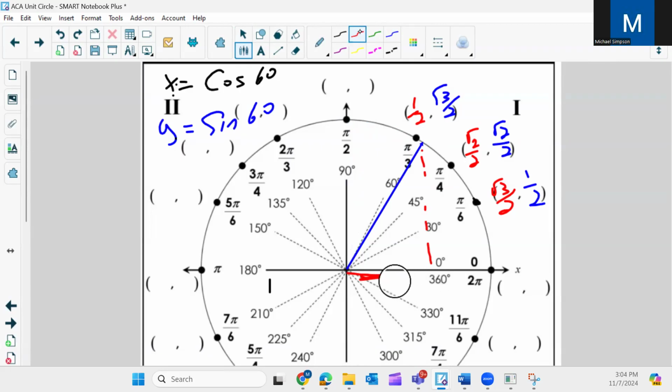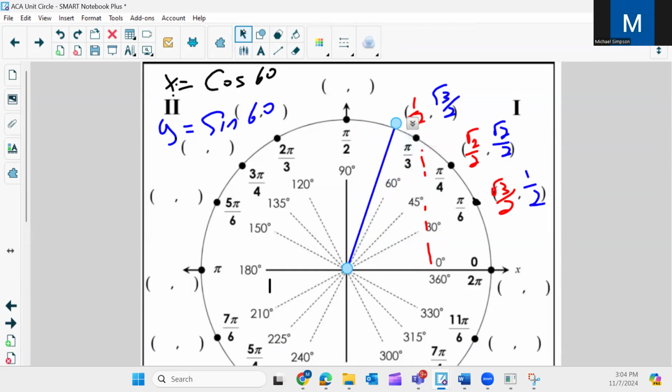So as you get to 90 degrees, there's no more x value. Let's bring it up to 90 degrees now. At this point, the x value is 0, and all you have is just the y value, which is just the radius, the length of the ray, which is 1.